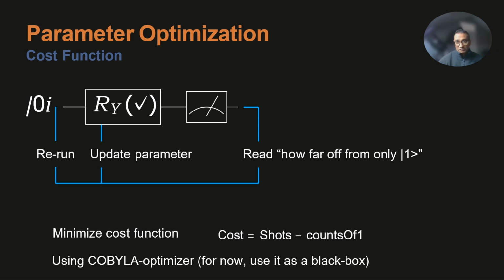This can be implemented in many different ways. For example, the COBYLA optimizer is one of them, without getting into the details, but there are many other optimizer circuits that you can use in such a configuration to calculate your optimized value.